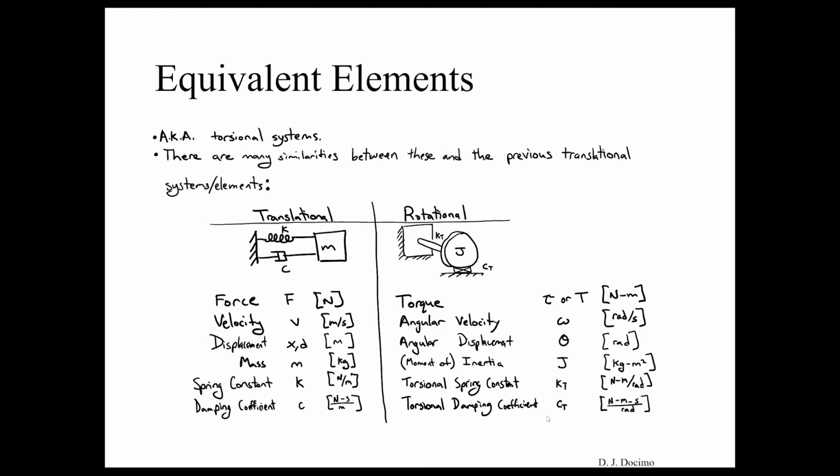And our damping coefficients, now in the rotational world, we have torsional damping coefficients or constants, and that is CT. So these are all our equivalent elements, and we're going to be able to use the same tools to model translational systems and rotational systems.